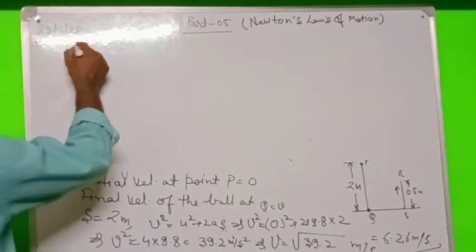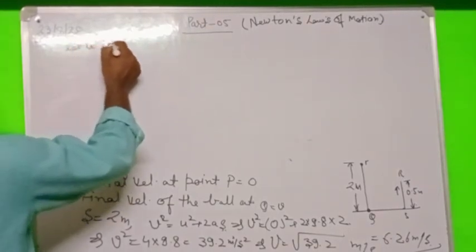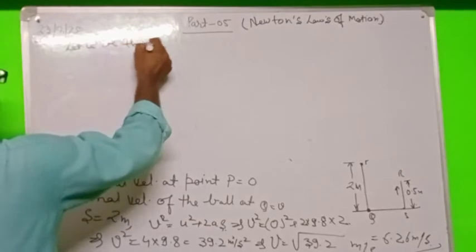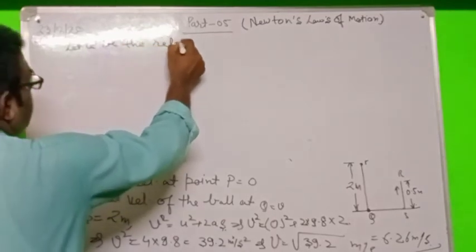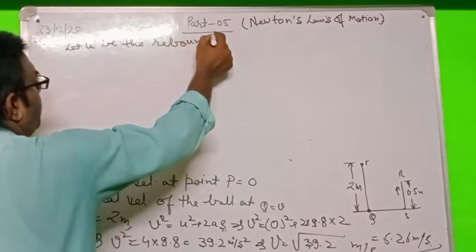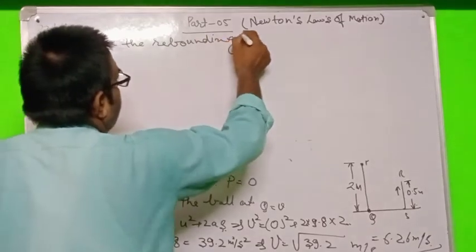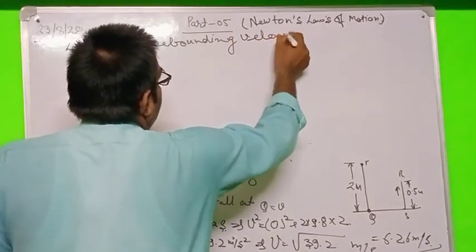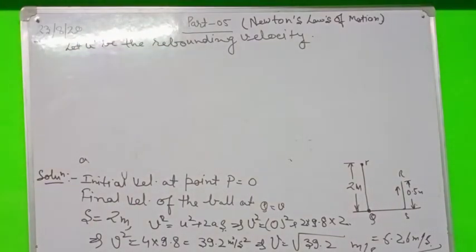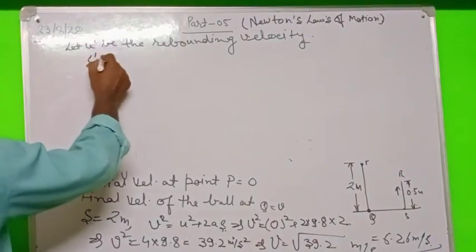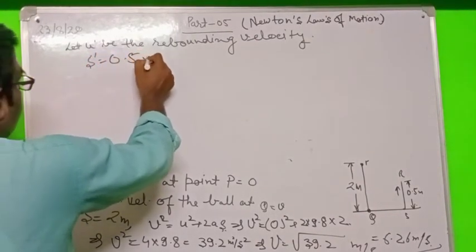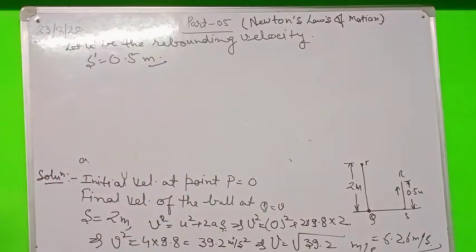Let u dash be the rebounding velocity, and s dash is equal to 0.5 meter.